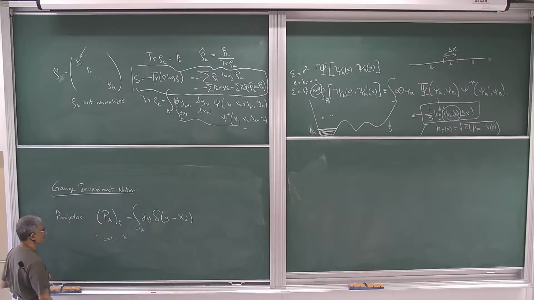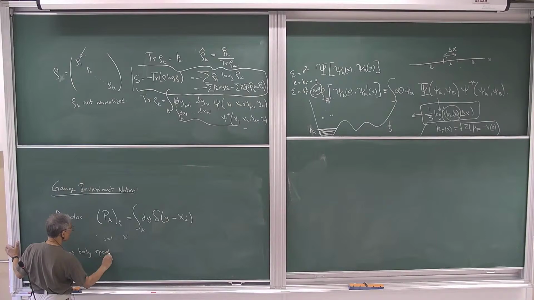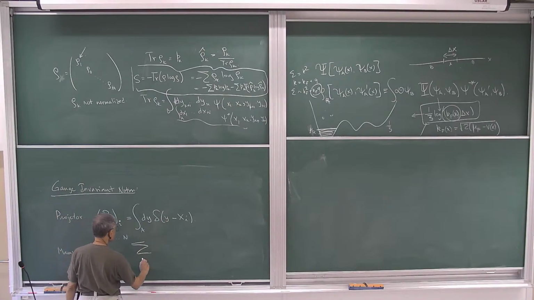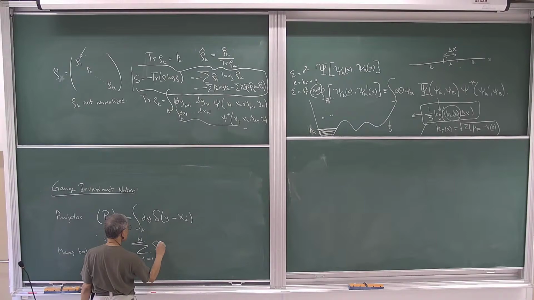Given this projector, starting with some many body operator, what are the many body operators like? Many body operators are like a sum over i to n of x_i to the power m times p_i to the power n, where p are the conjugate momentum to x.